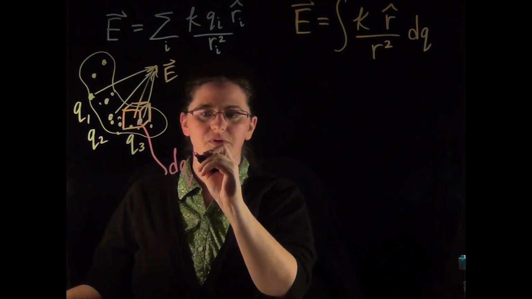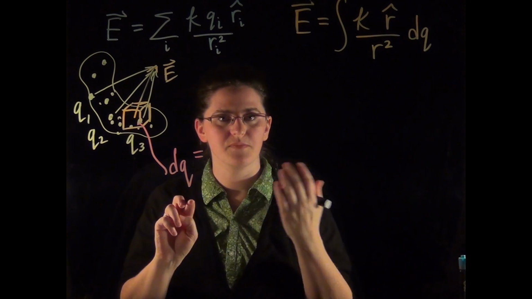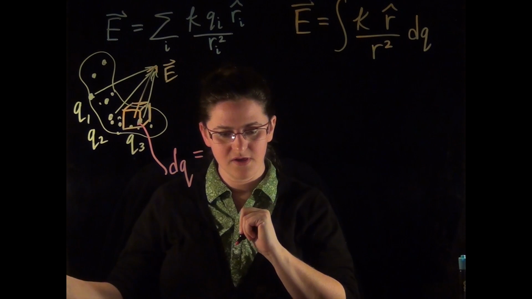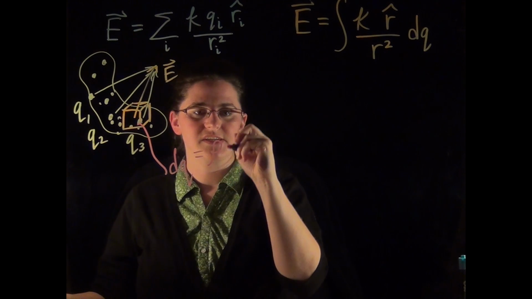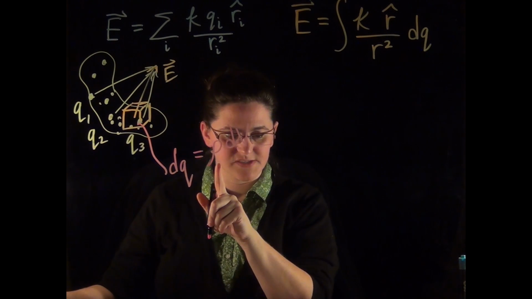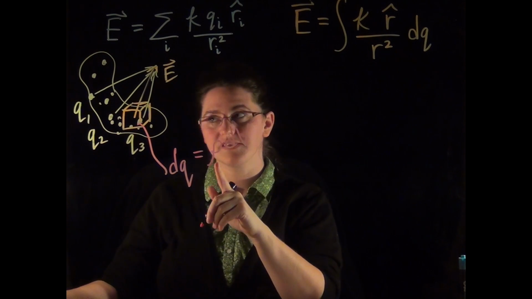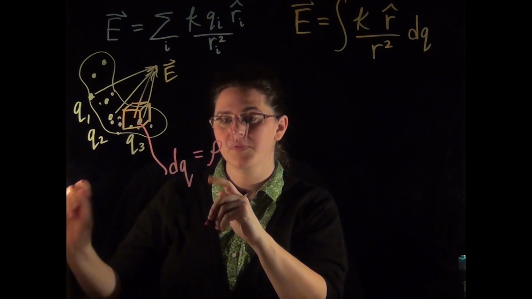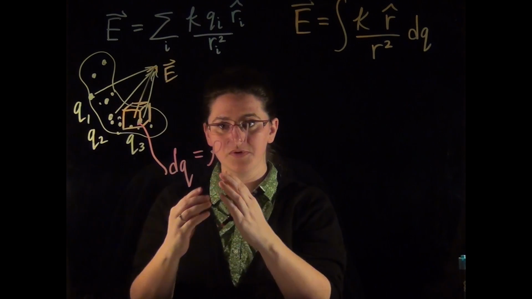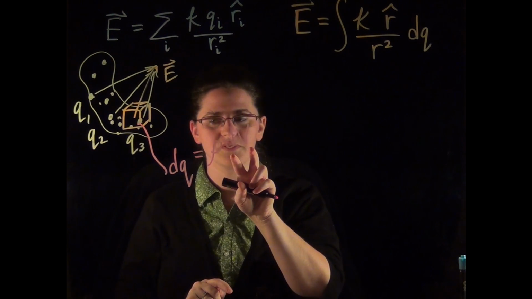Now dq can be written much like dm in the mechanics mass problems that we did, as density times volume. Now this density is charge per volume, not mass per volume like it was in mechanics. This is charge per volume. If you have a volume containing dq, then you're going to have this rho, density, charge per volume, times a little bit of volume.